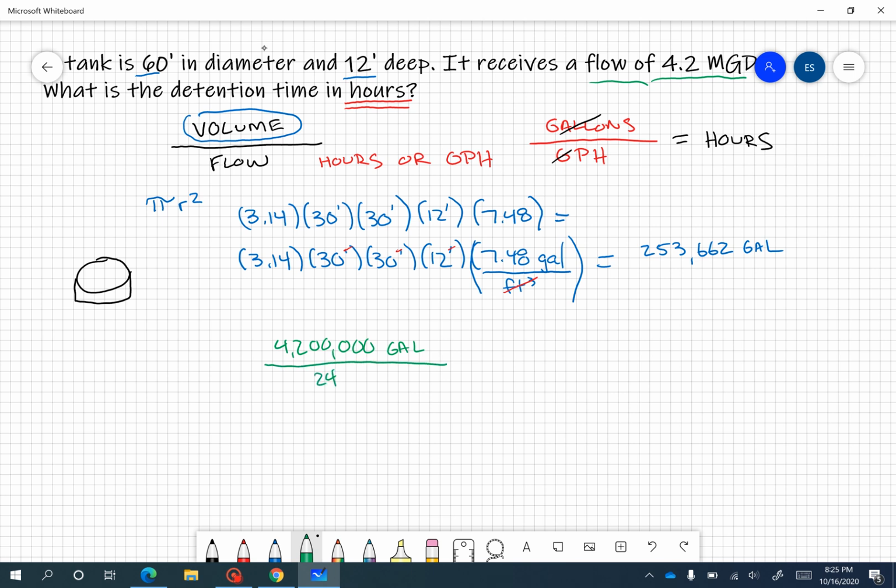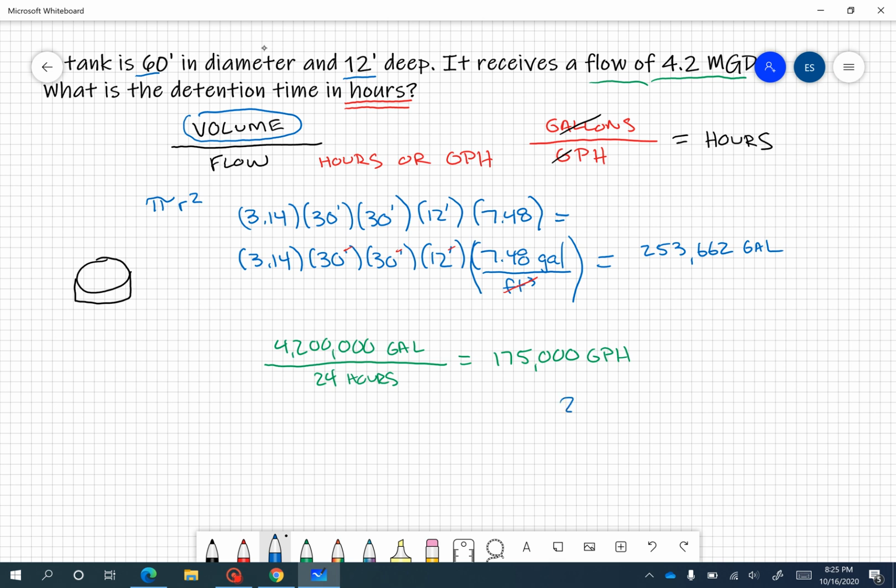So 24 hours. 4,200,000 divided by 24 is 175,000 gallons per hour. And now I'm ready for one more division problem, dividing volume in gallons by gallons per hour to get a detention time.